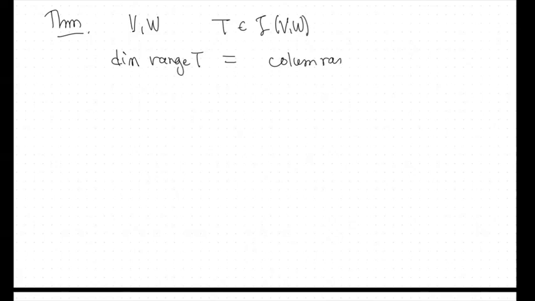We get a map T from V to W. Then the dimension of the range of our T is equal to the column rank of the matrix of the linear map T. These are vector spaces, and of course our setting is finite dimensional vector spaces, that is, we have finitely many elements in the basis of V.